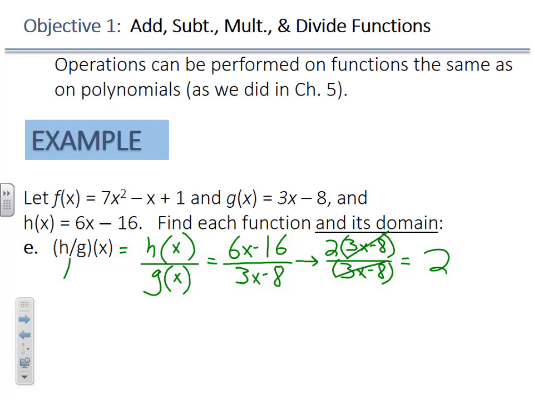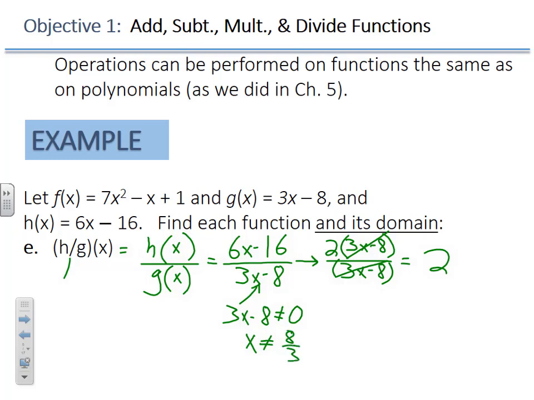Now for the domain, even though the function turns out to be just 2, there is a little hole in this function, and that is the place where the denominator could equal 0. So, since 3x minus 8 cannot equal 0, we know that x cannot equal, add 8 and divide by 3, 8/3.